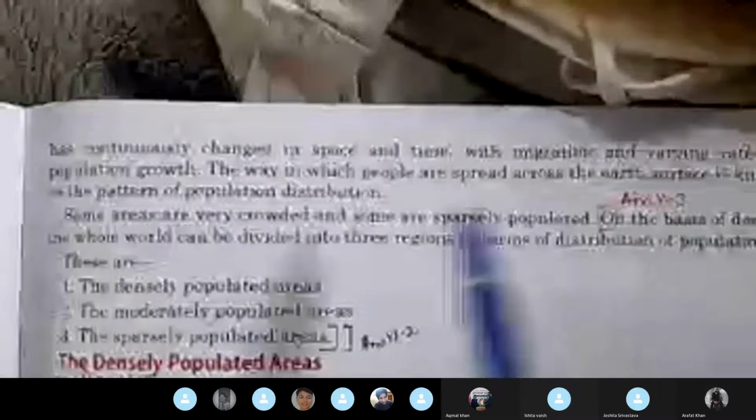has continuously changed in space and time with migration and varying rates of population growth. The way in which people are spread across the Earth's surface is known as the pattern of population distribution.